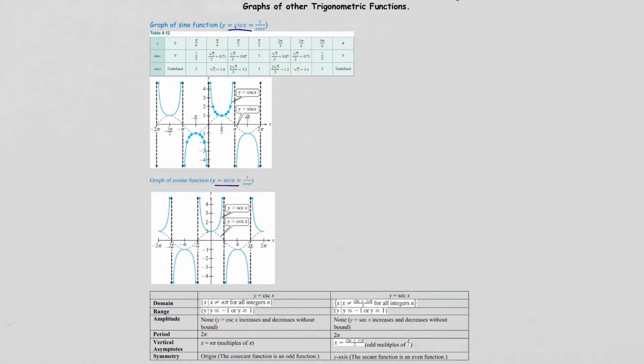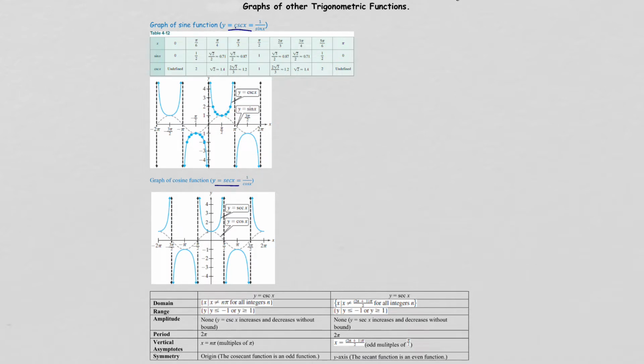When we're looking at cosecant, we know that cosecant is the inverse of sine. So pretty much what we're going to do is graph the sine function first, and then find the cosecant's graph from the sine graph. Same thing with secant.